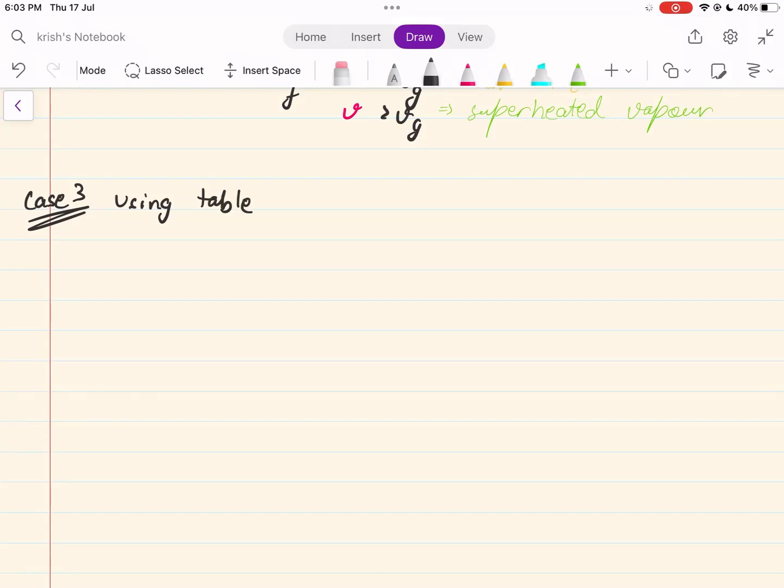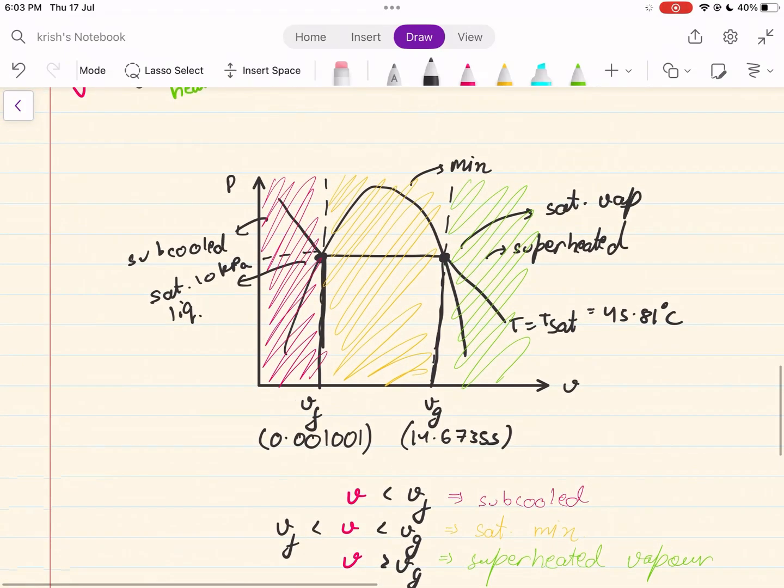Using table A.2, however, I don't have table A.2 in my PDF, so I will not be able to solve it with you here. Using table A.2, i.e. P crit and T crit. Remember what these were? These were the pressure and temperature at the critical point of the graph over here.